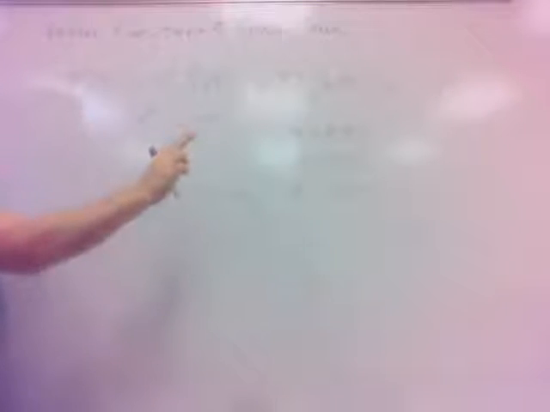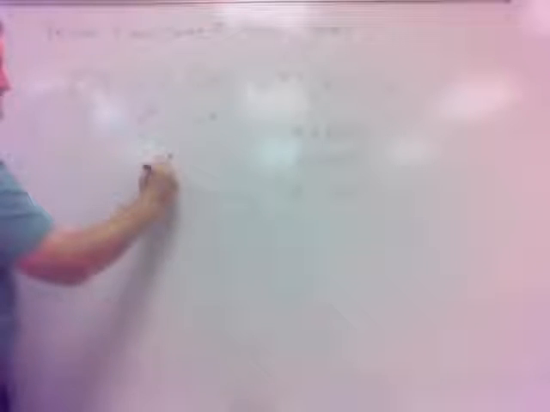The r of t then is the vector that has the endpoint at whatever the x, y, z is.